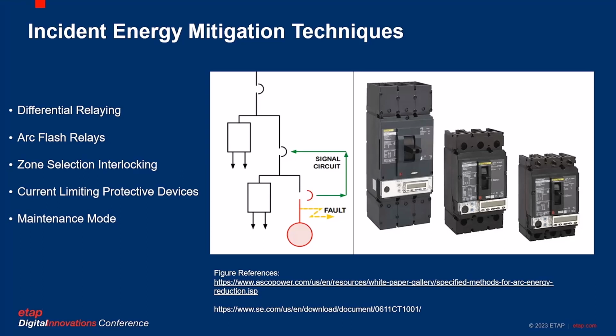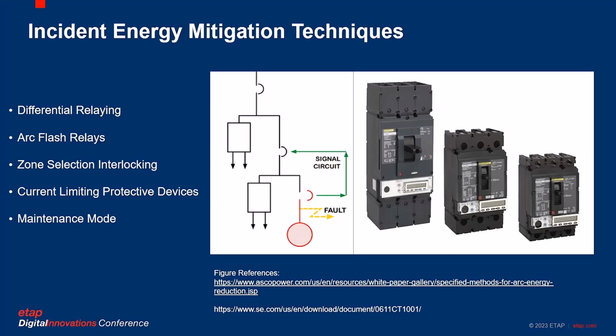And in addition to this, you can also consider other technologies such as the current limiting circuit breakers or current limiting fuses. Now, with these protective devices, once the amount of current that these protective devices exceed a certain threshold specified by the manufacturer, what they do is they limit the amount of current that's going to flow out of that protective device to the rest of the system.